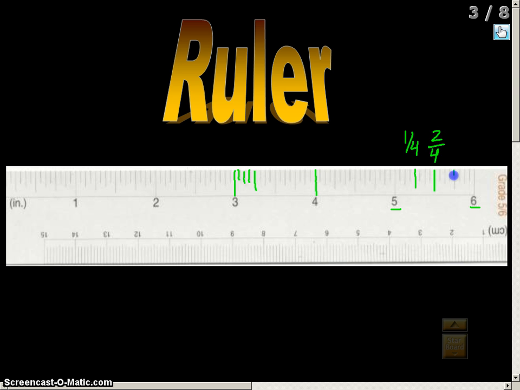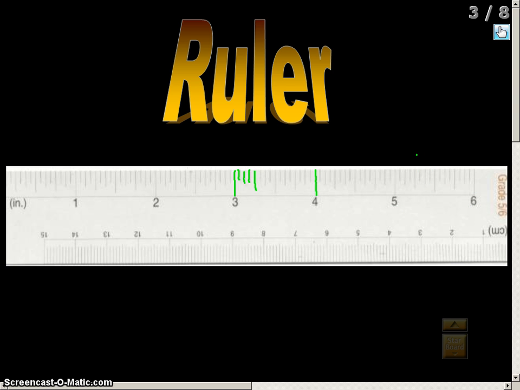And then the final line there represents 3/4 of an inch. And the final one there could be 4/4. Okay, so you can see 1, 2, 3, 4 sections from 5 to 6 inches, and each section represents a quarter of an inch.